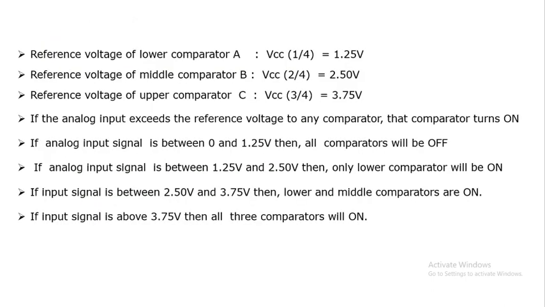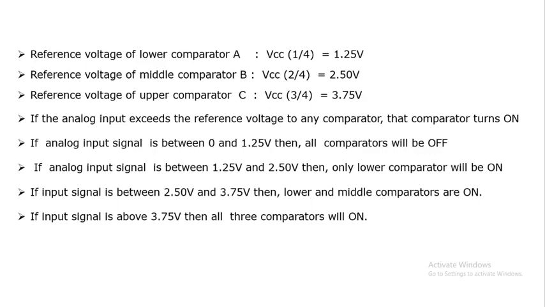The operation of the circuit is explained in this PPT. Reference voltage of lower comparator A is 1.25. Reference voltage of middle comparator B is 2.50, and reference voltage of upper comparator C is 3.75. If the analog input exceeds the reference voltage of any comparator, then that comparator will turn on. So if the analog input signal is between 0 and 1.25, then all comparators will be off.